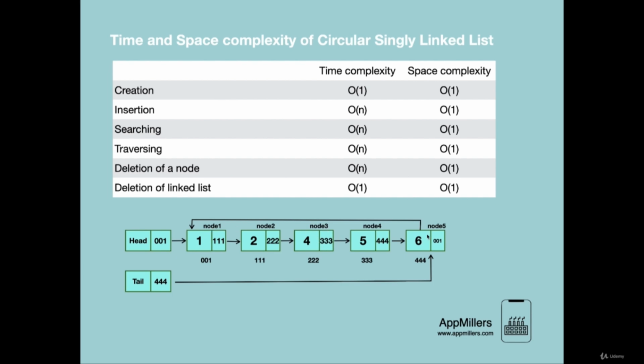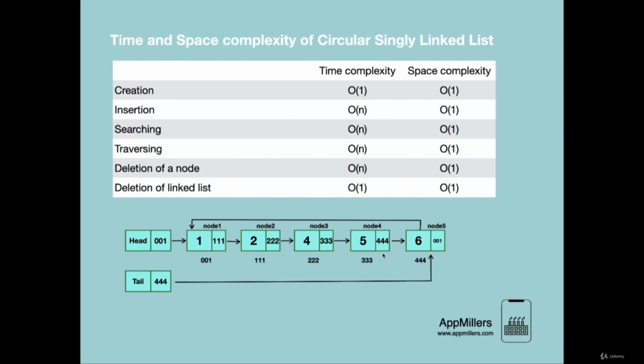But when it comes to the middle and the end, it takes O(n) time complexity because each time we have to traverse through the list until we reach the node located before the node that we want to delete. For example, if we want to delete the last node, we have to traverse from the beginning until we reach the node before the last node. So this takes O(n) time complexity. And the space complexity here is also O(1) because we are just deleting an element.